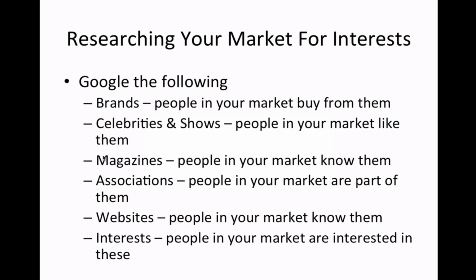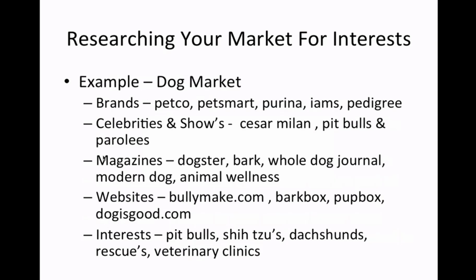You're going to Google these things. Interests, not so much, but the rest are going to start with the Google search. Once you have them, they'll populate all the relevant stuff around it. So you got people, celebrities and shows, magazines, associations, websites, and interests. Once you get a couple of them in there, Facebook will do the rest of the work for you.